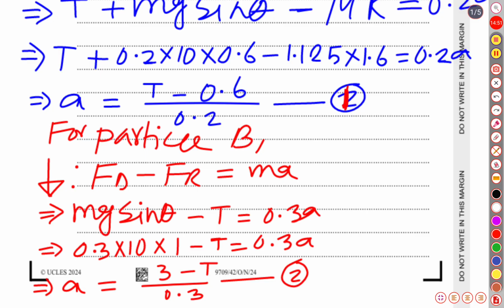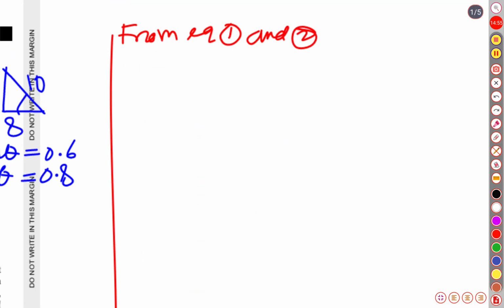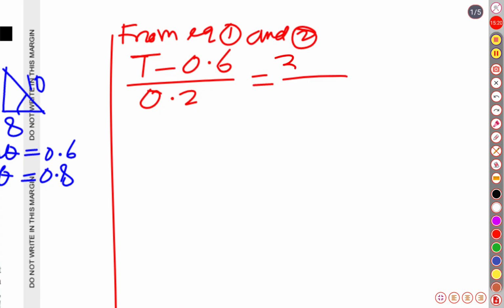So first, the right side is (t minus 0.6) over 0.2, equal to the other equation, which is (3 minus t) over 0.3.